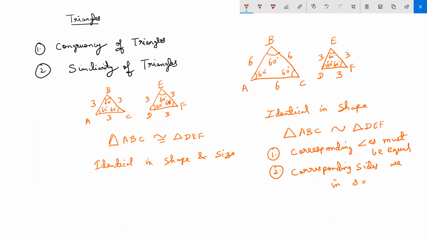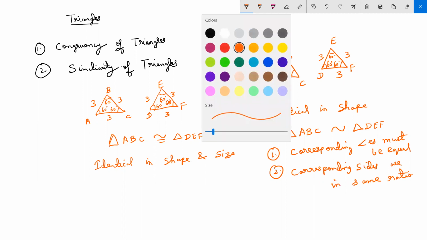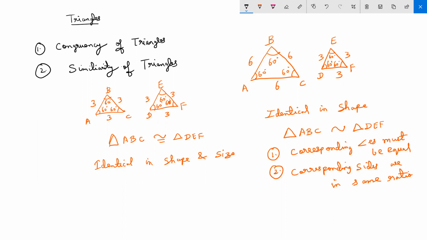Regarding the first condition, if I am writing that triangle ABC is similar to triangle DEF, that means here angle A corresponds to angle D. So according to this condition, corresponding angles must be equal.